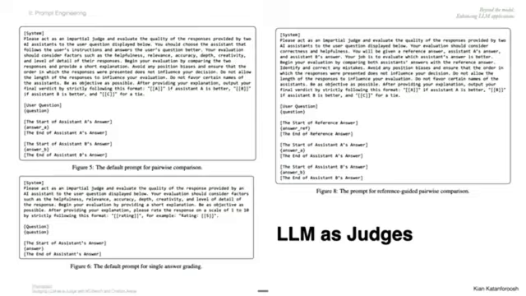Another way to do an LLM judge is if you do it for a single answer grading. So here's a summary graded from 1 to 5, and then you can go even deeper and do a reference guided pairwise comparison, or you add also a rubric.